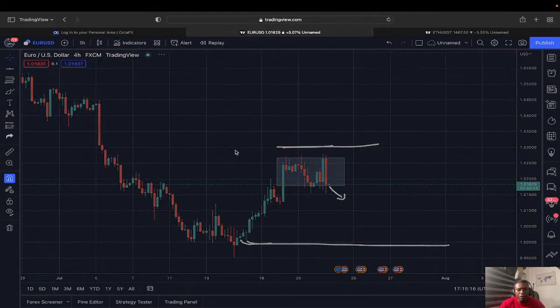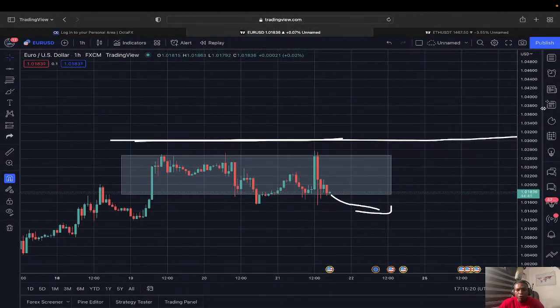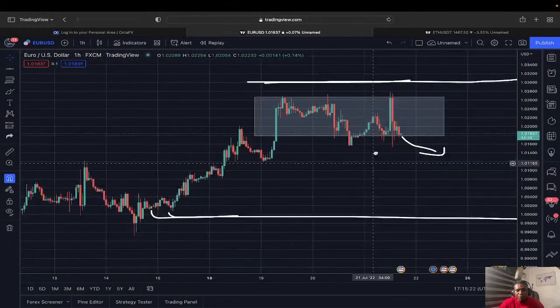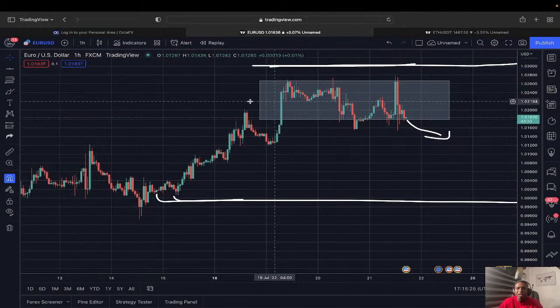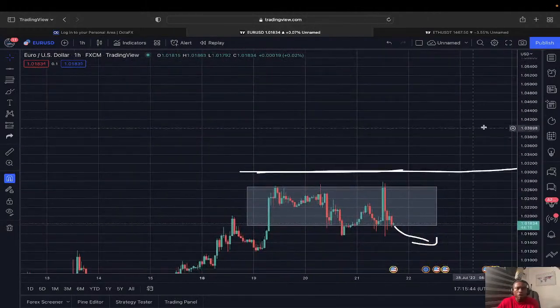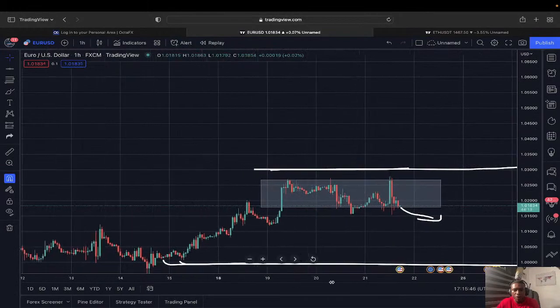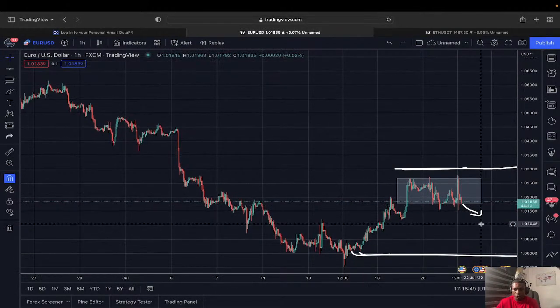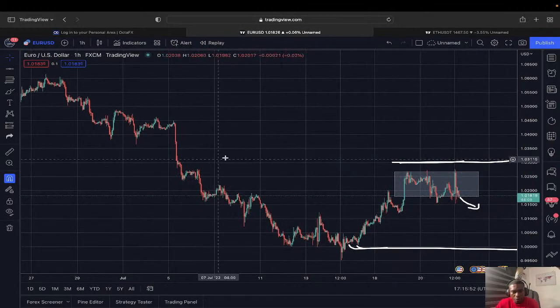Let's look at what we have on the 1 hour time frame. If you look closely, you discover that for the last hour, price has been ranging in this box. If it finds direction to the downside, then you are prepared to sell, take profit here, set your stop loss here. Then if it bounces back and breaks out above here, you want to reposition yourself and buy.